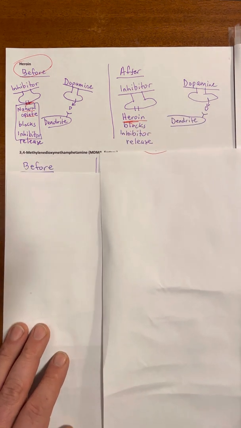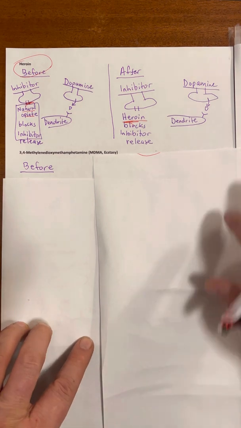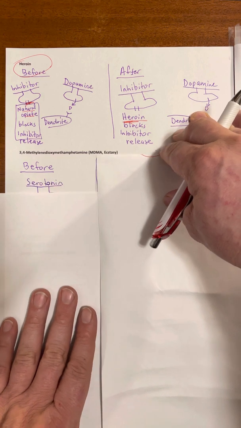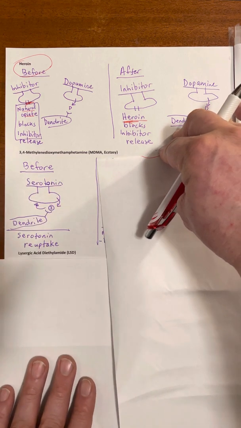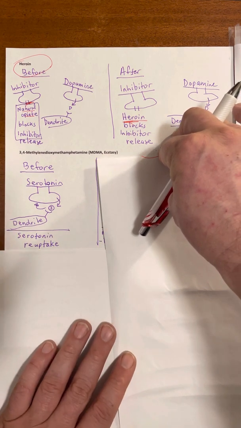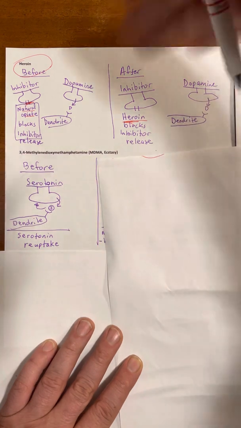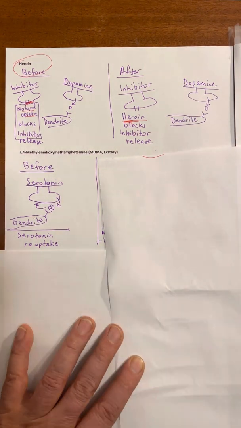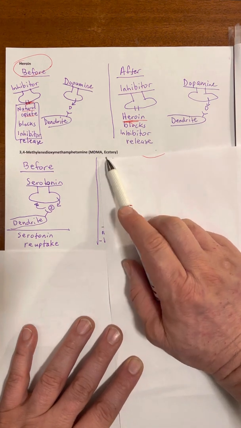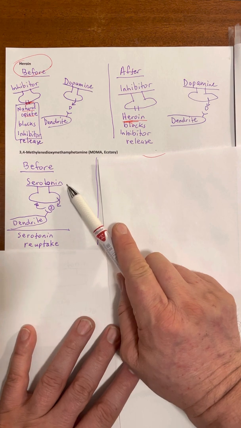To begin with, we've got a before situation, right? So before someone has taken ecstasy, the system that we want to be paying attention to is the serotonin reuptake system, right? So far, up to this drug, we'd been talking about drugs that affected the dopamine distribution. Beginning with ecstasy, we're now talking about drugs that are affecting serotonin distribution.